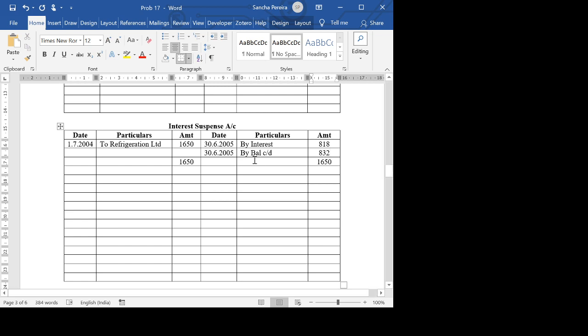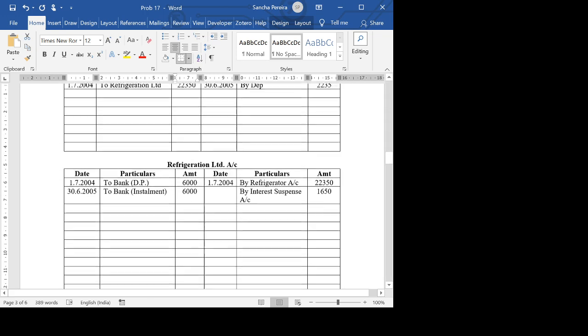Bring down the balance so that you don't forget about it. If it's closing on 30th June, opening will be on 1st July, to balance brought down, 832.